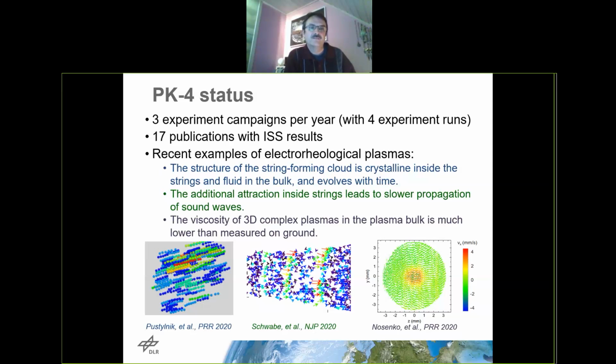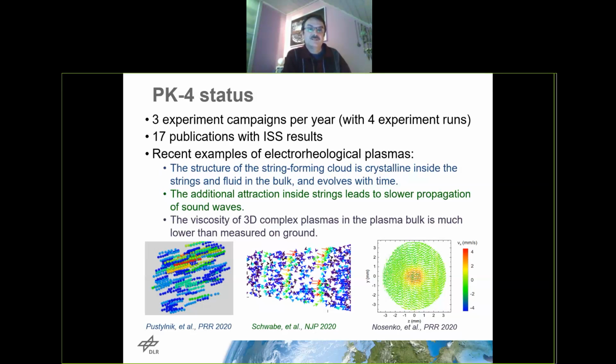Now we have about 3 experiment campaigns per year with 4 dedicated experiment runs. Typically, each run has 1 hour, 1.5 hour of pure microgravity time. So if you compare that to a laboratory on the ground, this is really a lot of data which is produced. And up to now, we already published 17 papers from the ISS.